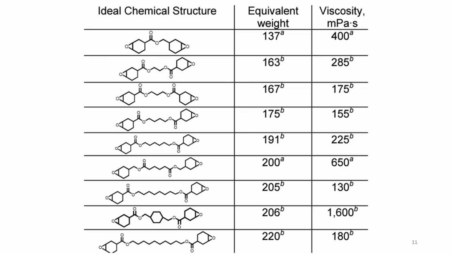The first row is commercially available under the name Cyracure UVR-6110, and it has been provided by Dow Chemical, which is a cycloaliphatic epoxy resin. It is used in metal decoration coatings and overprint varnishes. As the molecular weight increases, the EEW is also increasing. It can be seen in this table.